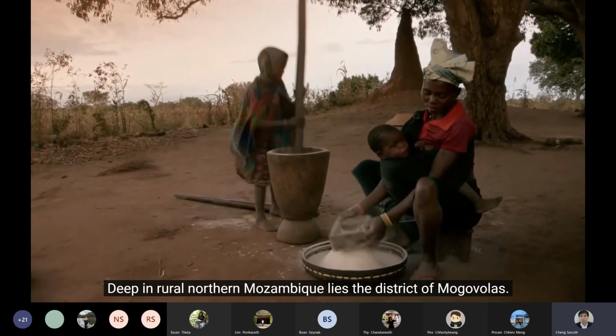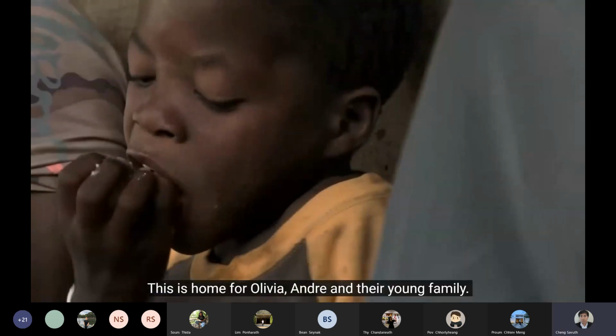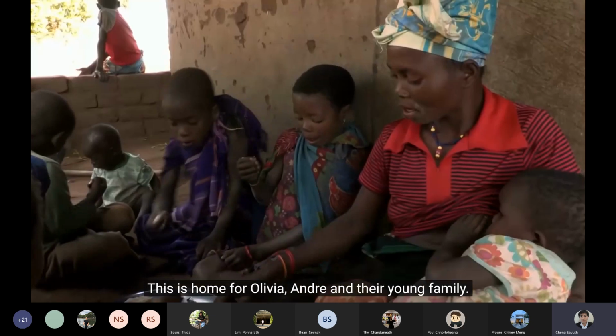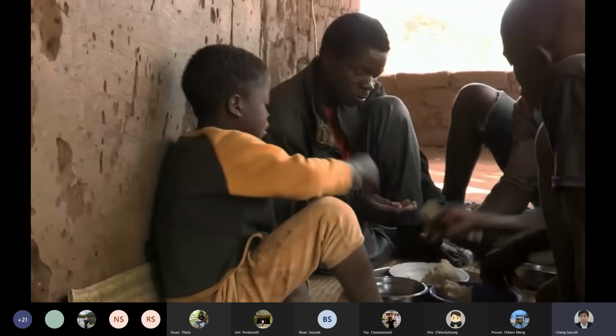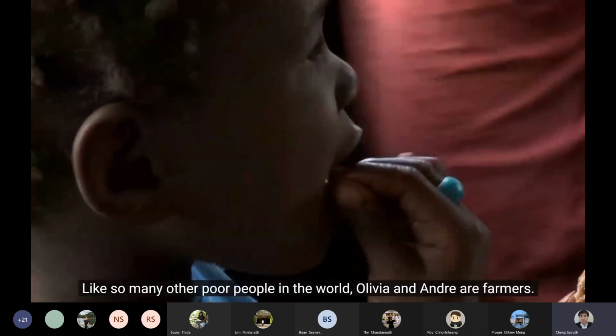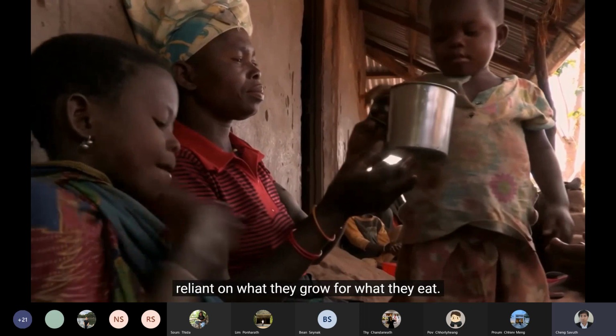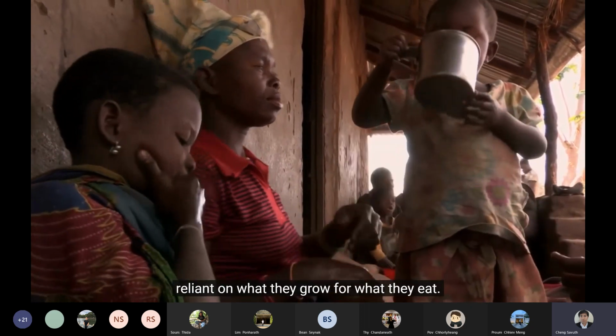Deep in rural northern Mozambique lies the district of Mogovolas. This is home for Olivia, Andre, and their young family. Like so many other poor people in the world, Olivia and Andre are farmers, reliant on what they grow for what they eat.